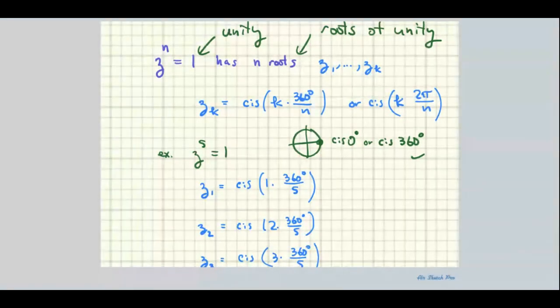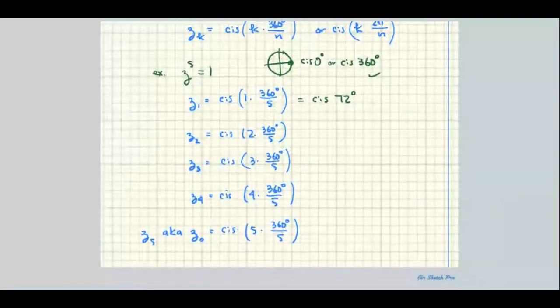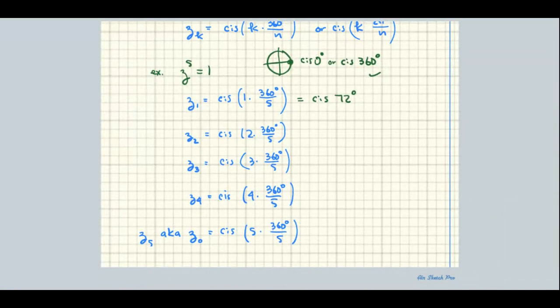So this is what we're looking at here. We're looking at cis. This is cosine plus i sine of 72 degrees, right? And now for the other roots, we just start multiplying. Or if you like, just add 72 again and again. So twice that is cis 144 degrees, right?